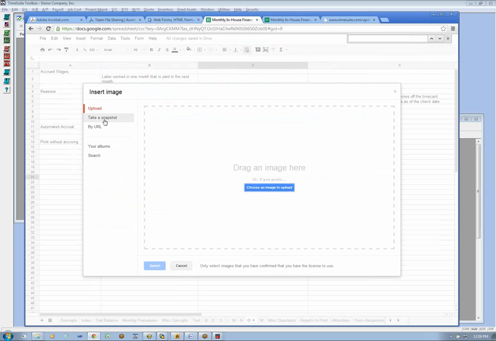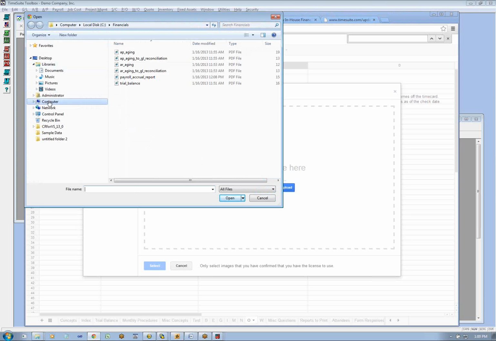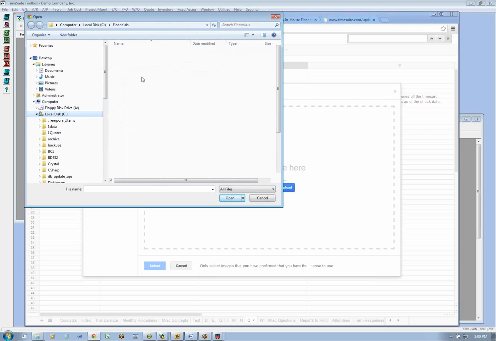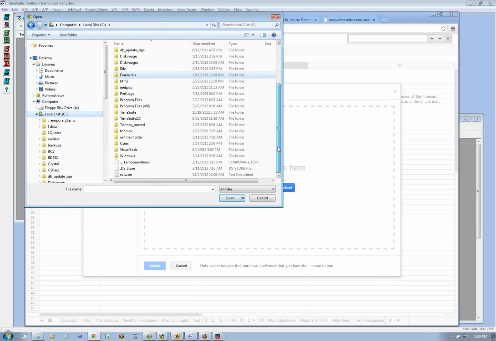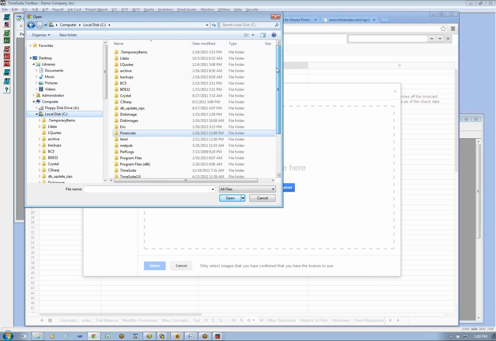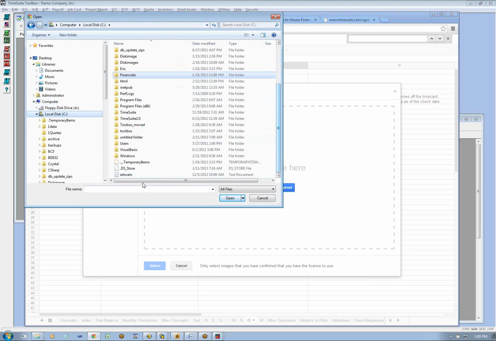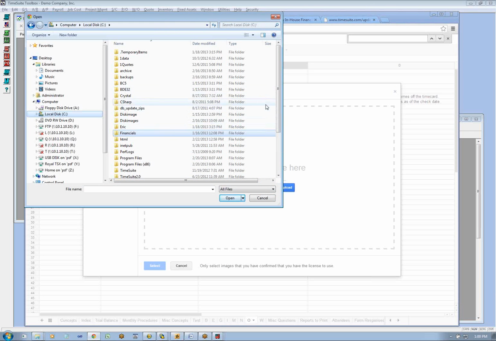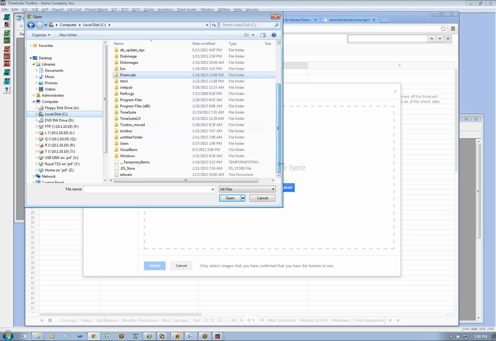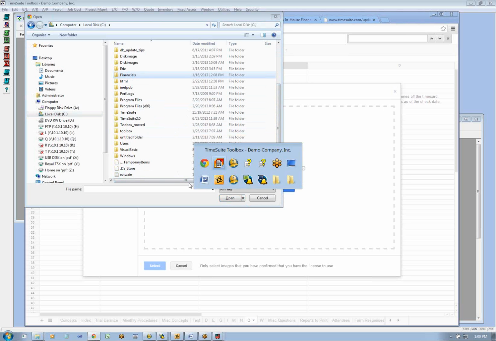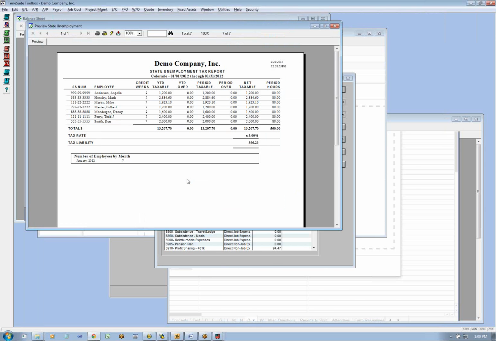So we can upload, choose an image to upload. Okay, I thought we put that in the root directory. Let's try it again.